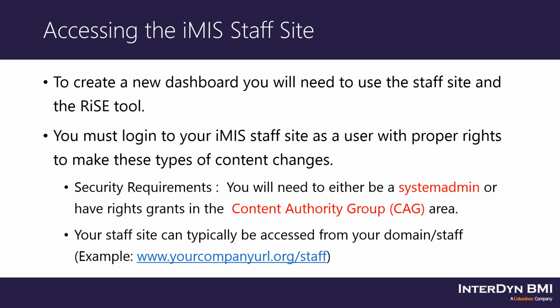And if you don't have rights in the Content Authority Group, if you have system admin rights, which is a role inside either the desktop or granted through the staff site, that will bypass and give you rights to do everything. So you wouldn't necessarily have to be in Content Authority Group if you had system admin rights.